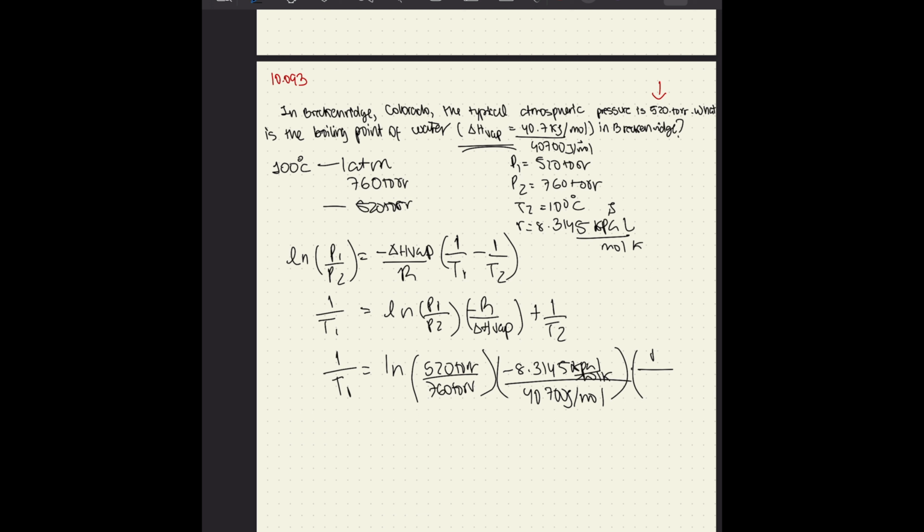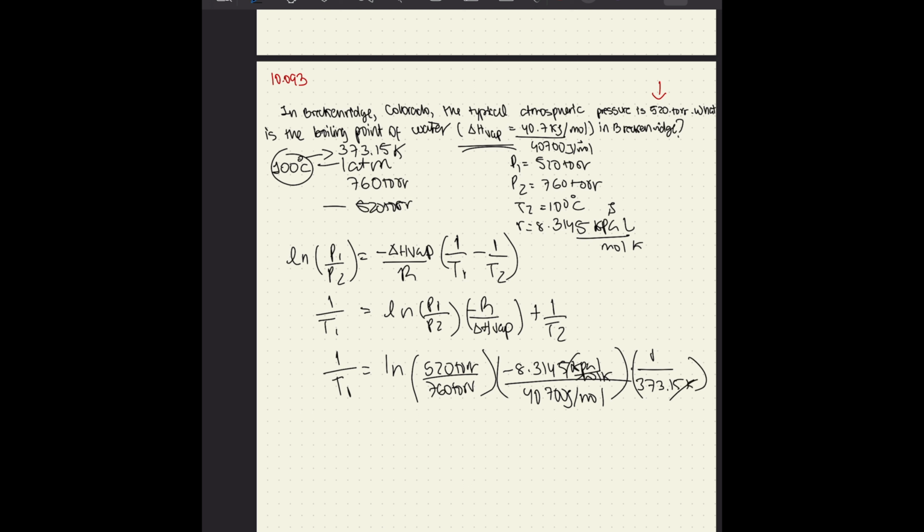Wait, I think I forgot. You need to change this Celsius to Kelvin. So you go 100 plus 273.15, and it gives you 373.15 Kelvin.